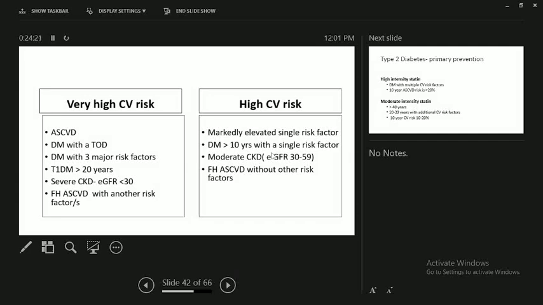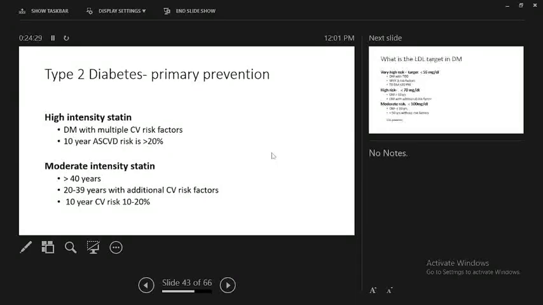So patients with very high risk need an LDL target of less than 55, and high risk patients need less than 70.